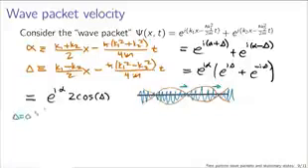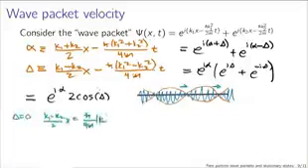The same sort of argument that I was using to determine how fast a feature on a single wave moved: setting this delta equal to a constant, not caring what the constant was, and setting it equal to 0. What I get then is (k1 minus k2)/2 times x being equal to h bar over 4m, and then k1 squared minus k2 squared.